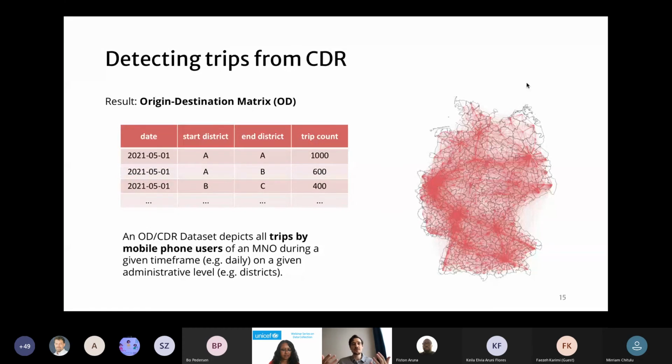Also, the MNOs started to make this more of a product, a commodity, and had a uniform methodology for how these types of data sets are produced. So this became dominant. A lot of research is also based on Twitter data, but I think only because it is freely available.